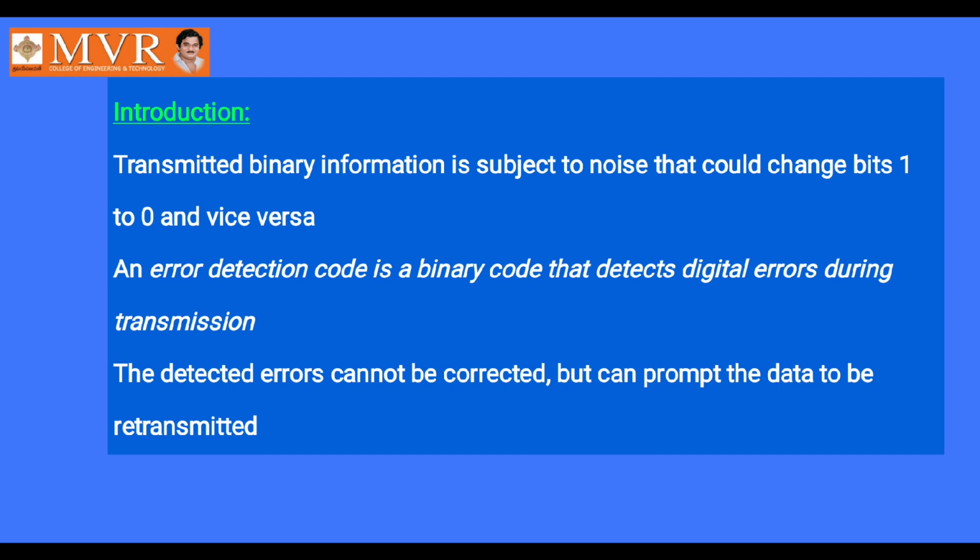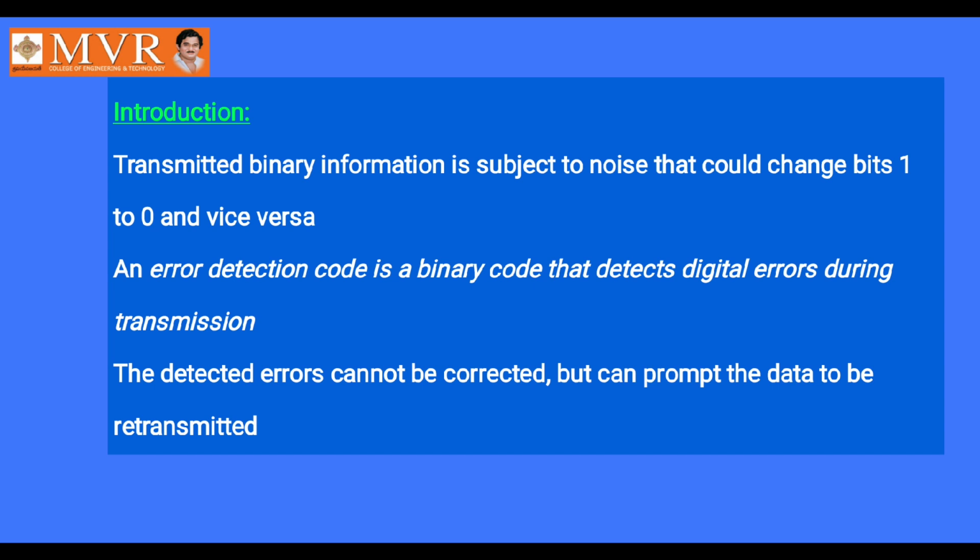If at the receiver end the same 1011 is received, then you can say the data has reached the destination without any error. Otherwise, if any bit in this 1011, say the starting one, is converted to 0 and transmitted, then instead of receiving 1011, the destination receives 0011, which is wrong data.